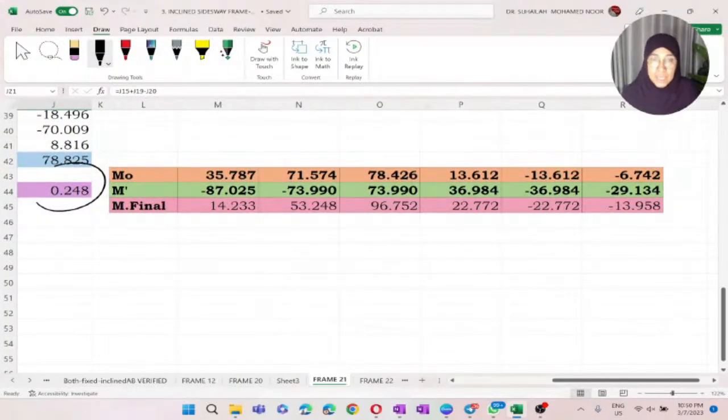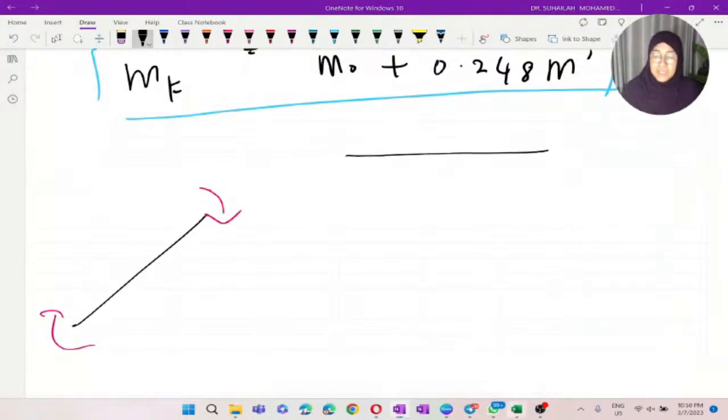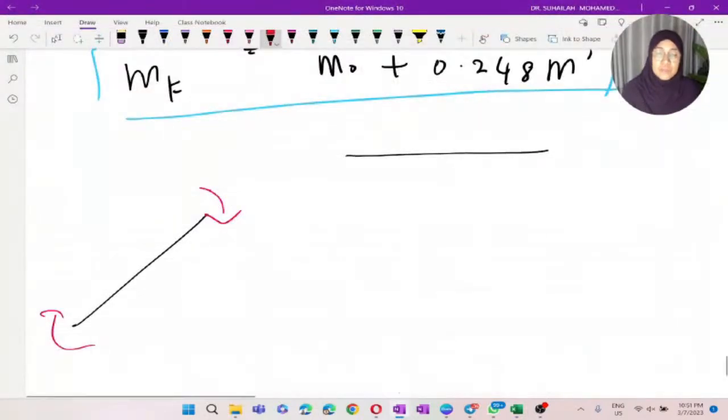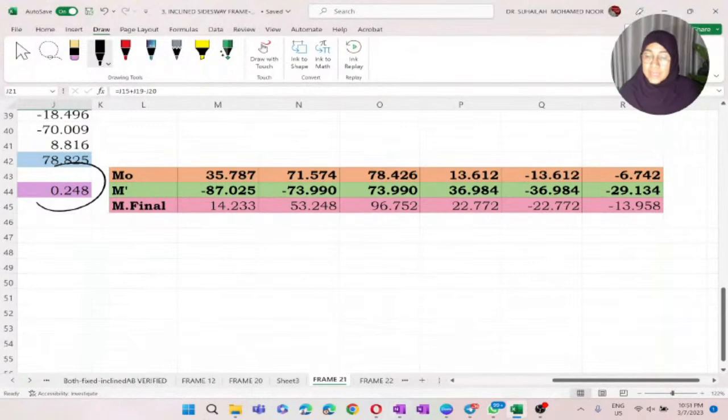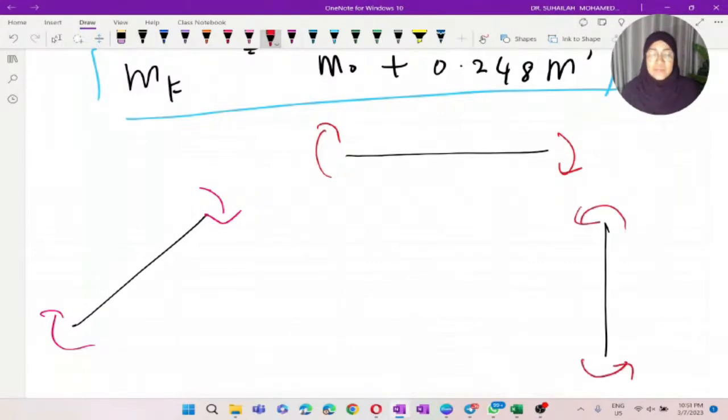So we have AB and BA, which are positive, and then we have BC, and it is also positive, and then we have negative for member CD.